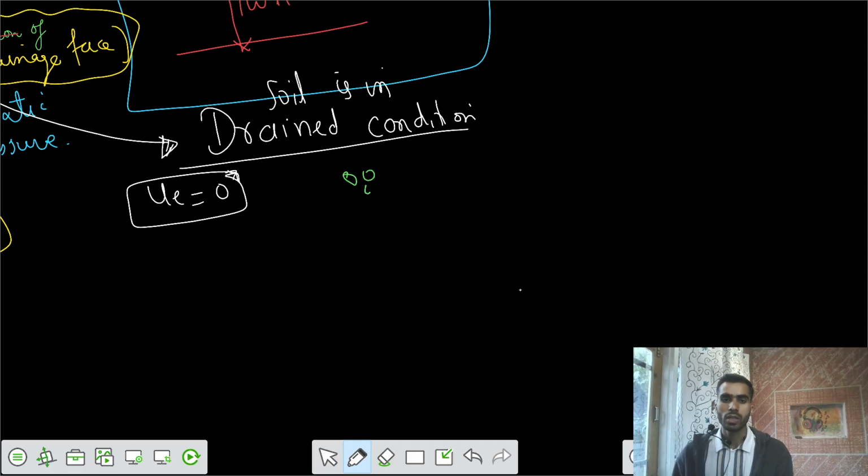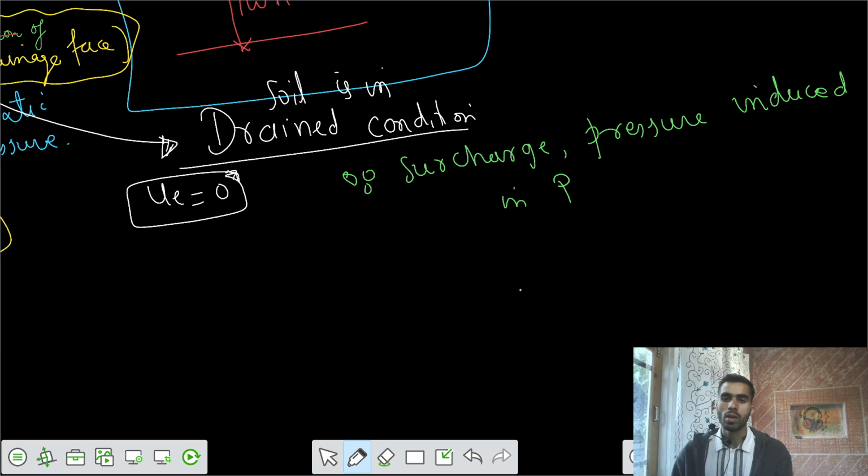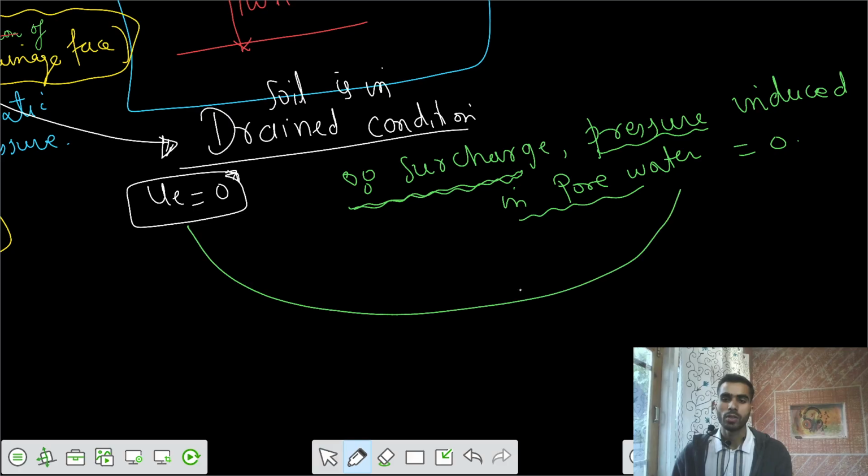Because of the external load, the surcharge, the pressure induced in the pore water is zero. That corresponds to this condition, meaning the soil is in drained condition.